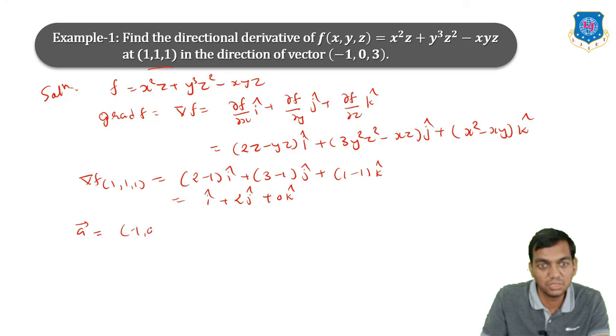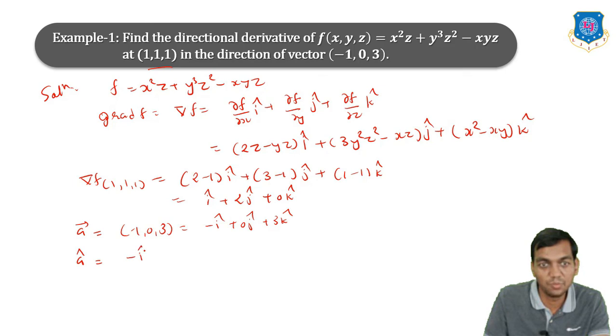That means minus 1, 0, 3 is basically minus i plus 0j plus 3k, and that will give you a cap, because we require grad phi into a upon mod a.